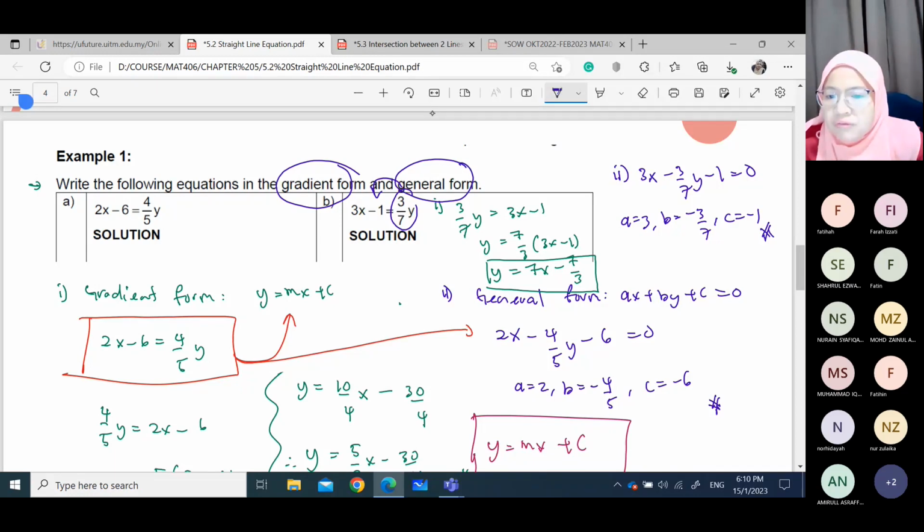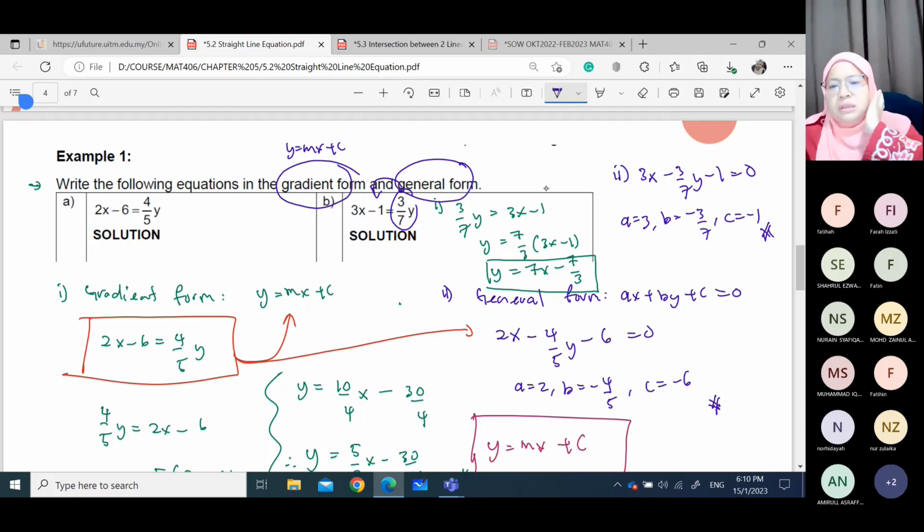So bila dalam gradient form maknanya dia adalah y equal to mx plus c. So untuk soalan macam ni, you just rewrite into a gradient form. So bila you rewrite into a gradient form, we have this one 3 over 7y equivalent with 3x minus 1.